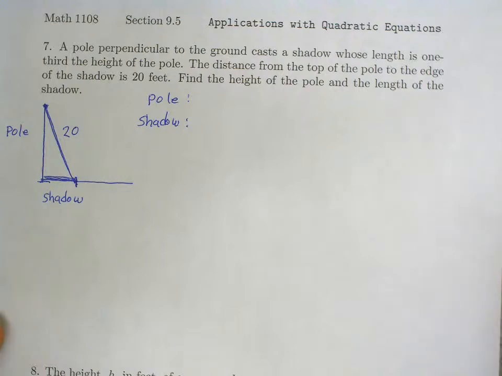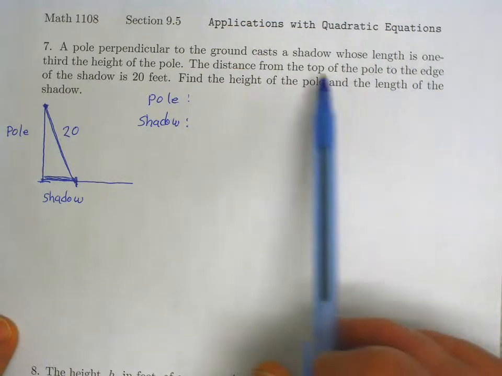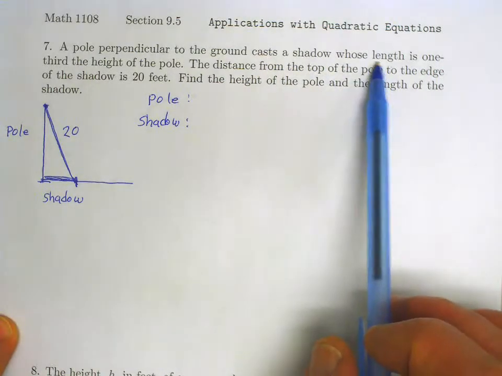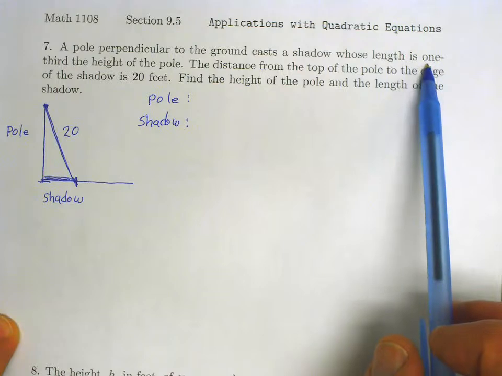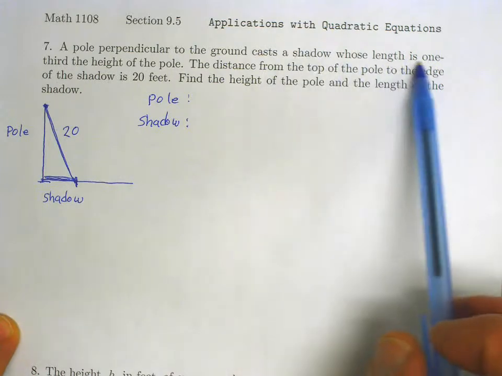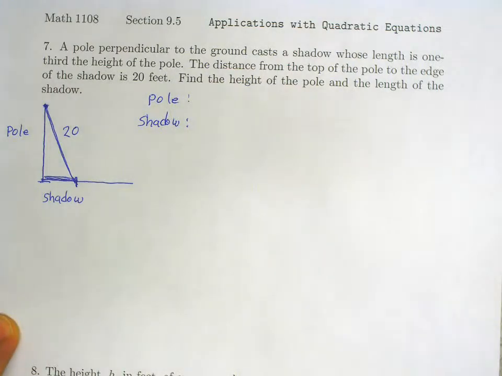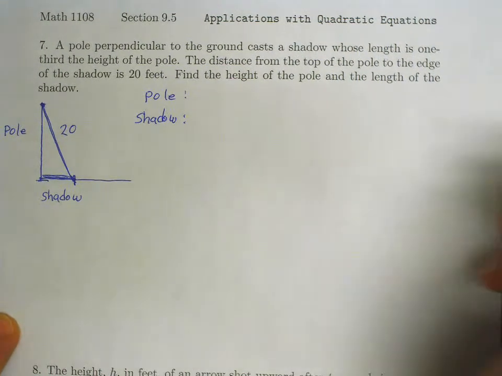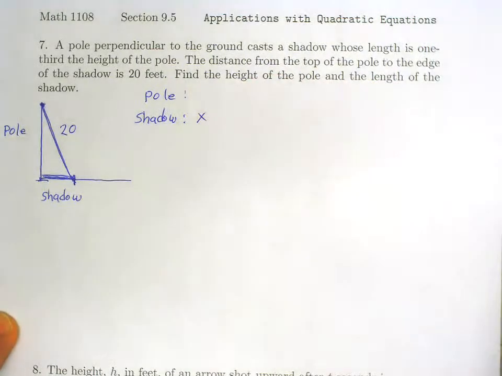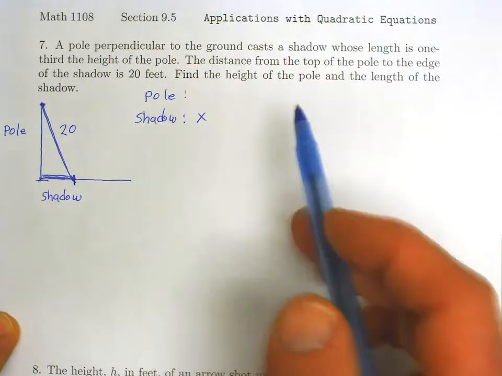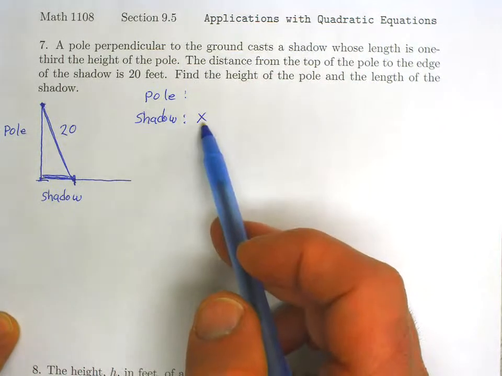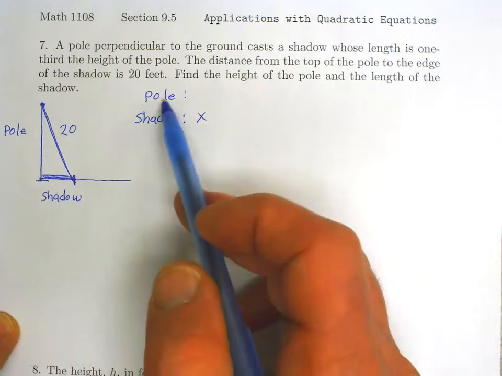So we're told that the shadow is 1/3 the height of the pole. So I'm going to do it this way. I'm going to pick x to be the shadow in feet, and the pole is 3 times that, since the shadow is 1/3 the pole.